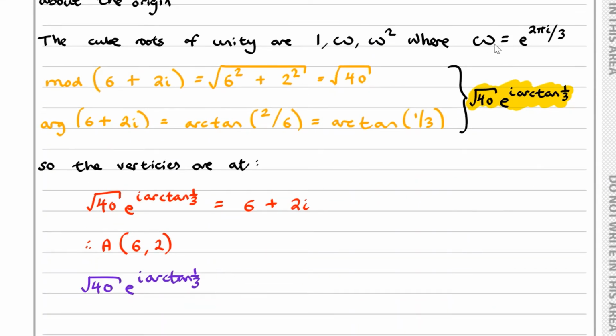We have to multiply by this thing, e to the power of 2 pi i over 3. Let's just write this all in a consistent form.